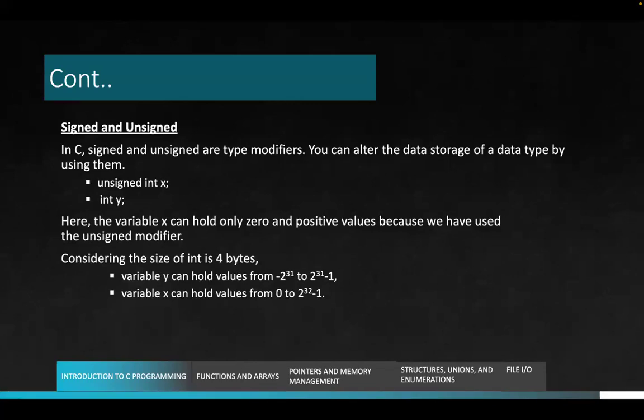Integer is a combination of signed and unsigned. If you don't want negative numbers and specifically want positive numbers, then you have to use these types of data types and keywords.